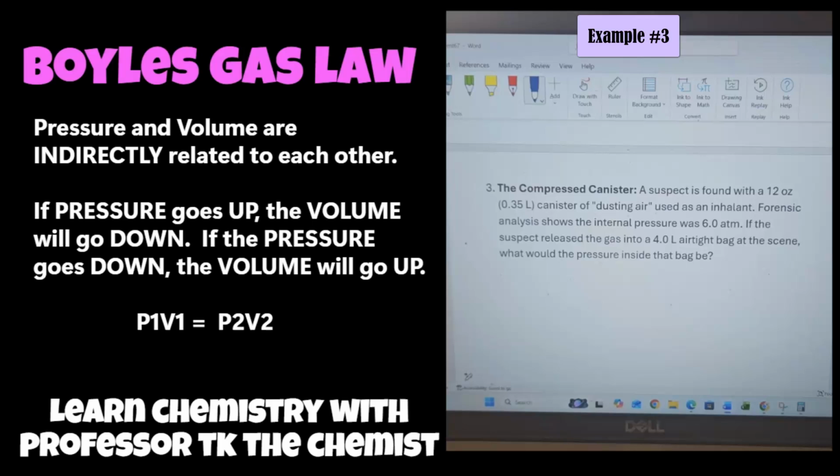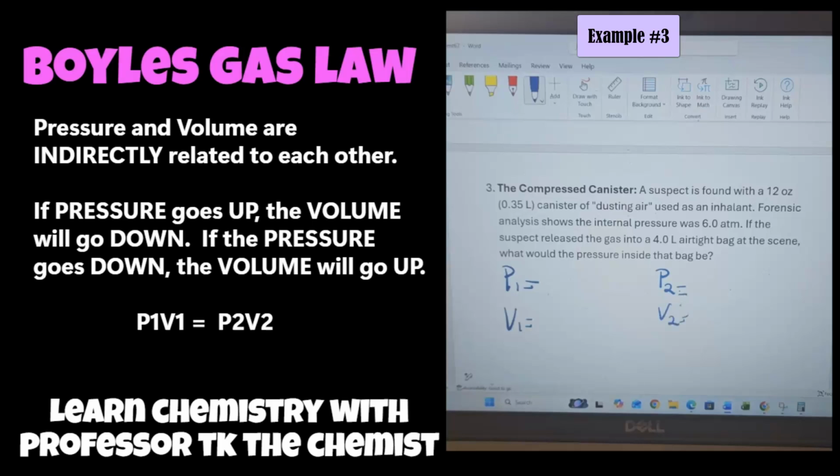So guys, what I want you all to understand is that when you're reading these word problems, don't get these numbers mixed up and think, I don't know where to start. Read the problem the first time, then go back and reread it and start to identify what was given. You're going to be given pressure 1, volume 1, pressure 2, or volume 2.